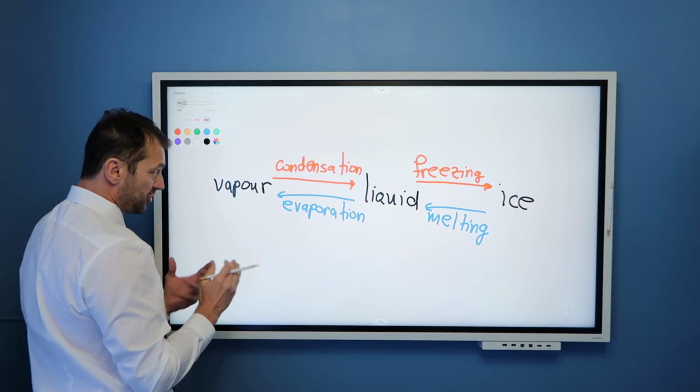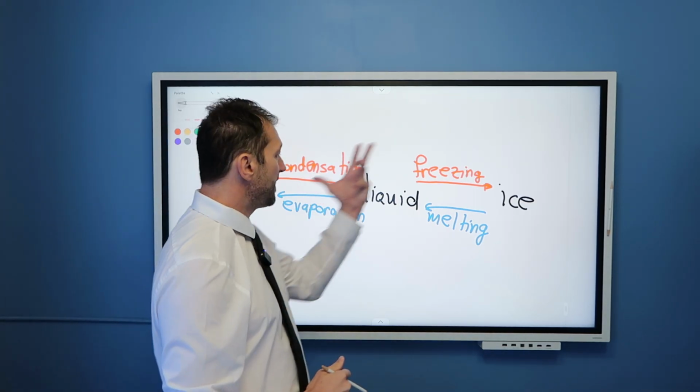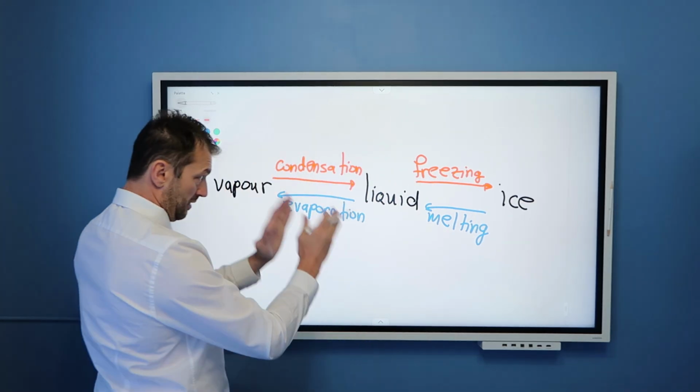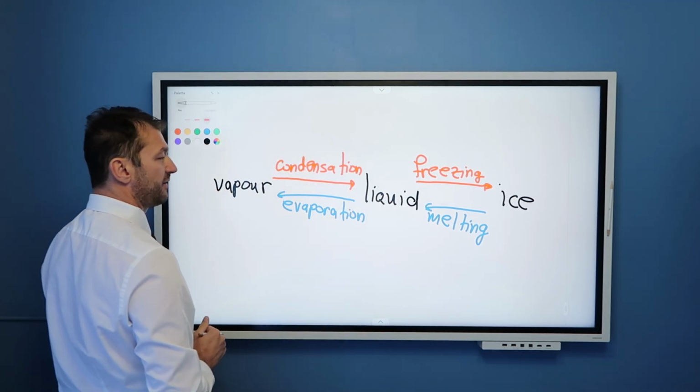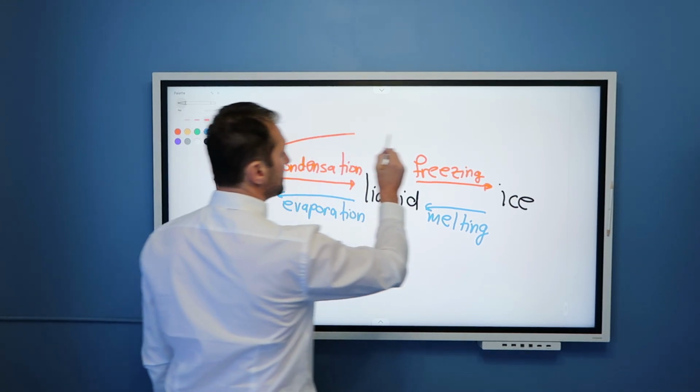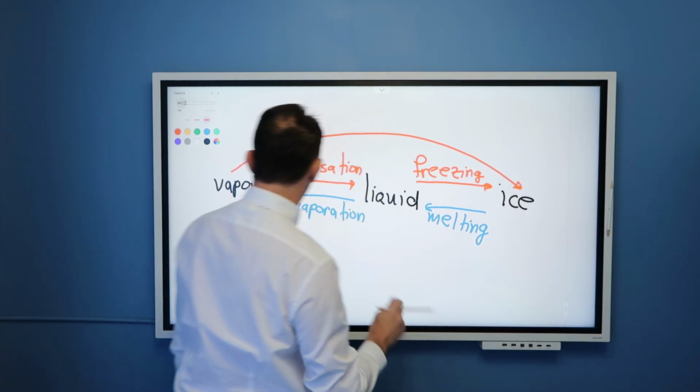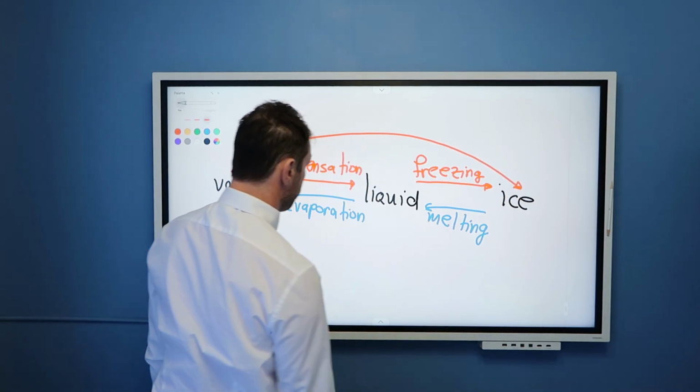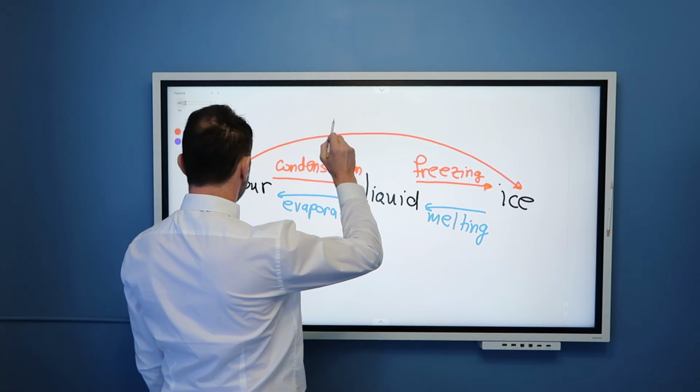Now, the question is, can we go directly from vapor to ice? Namely, skipping the liquid phase. The answer is yes. And this transition, vapor to ice, is known as deposition.